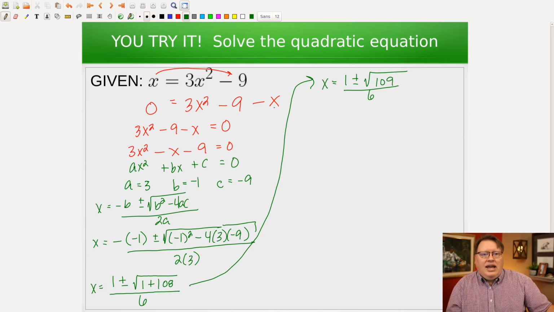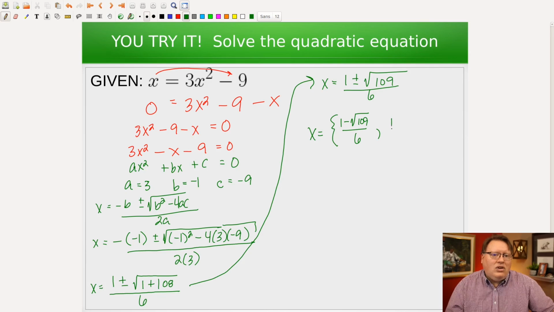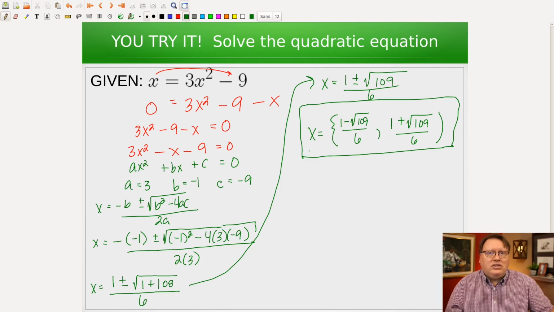So our solutions are 1 minus the square root of 109 divided by 6, and also 1 plus the square root of 109 divided by 6. That is the solution to this quadratic equation. They don't always work out as nice as some of the earlier ones, but it's okay. It's the same process, and you can do this.